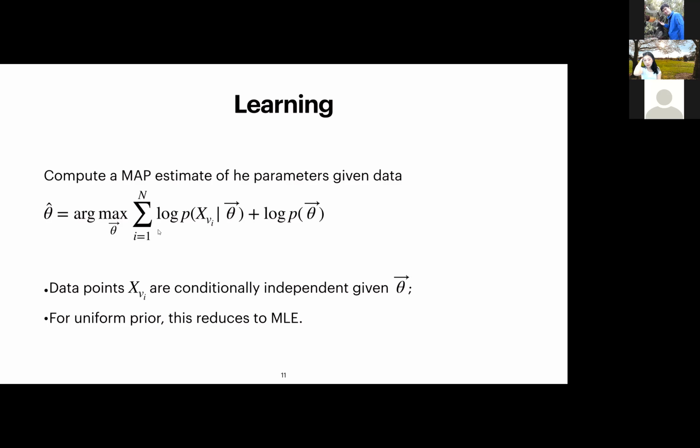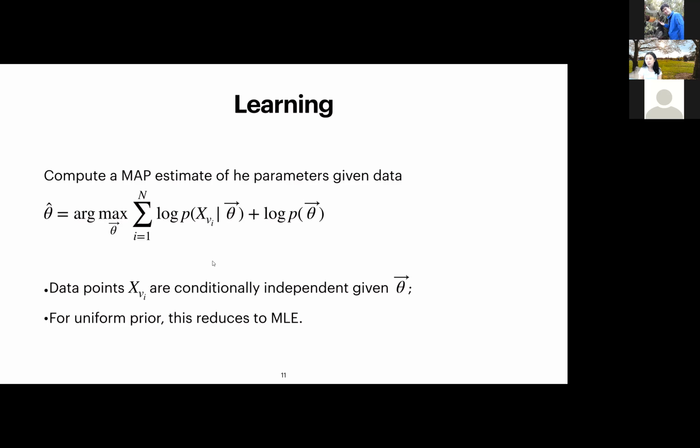Okay, so now you can see there is a prior here, but if you have a uniform prior, then this basically reduces to maximum likelihood estimation, right? So you're finding the theta that maximizes this likelihood. This is the so-called learning problem.